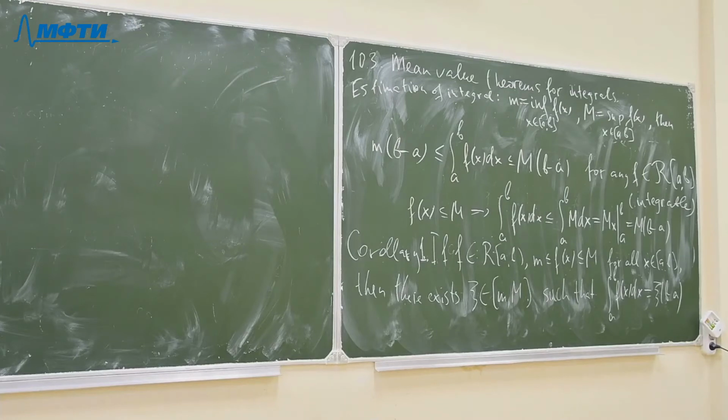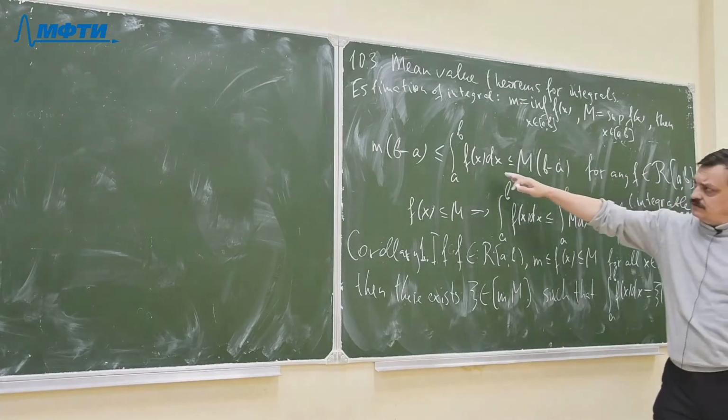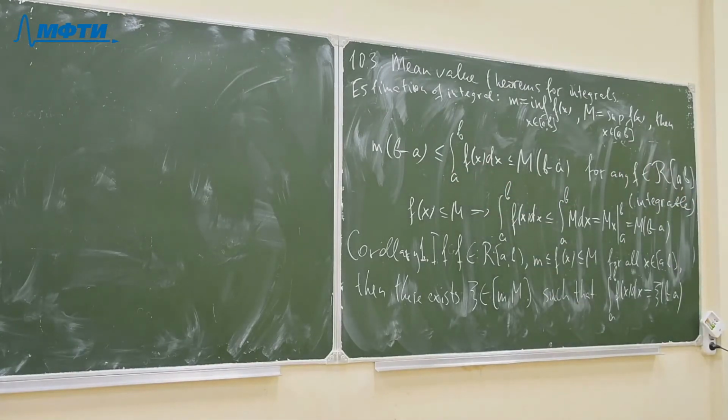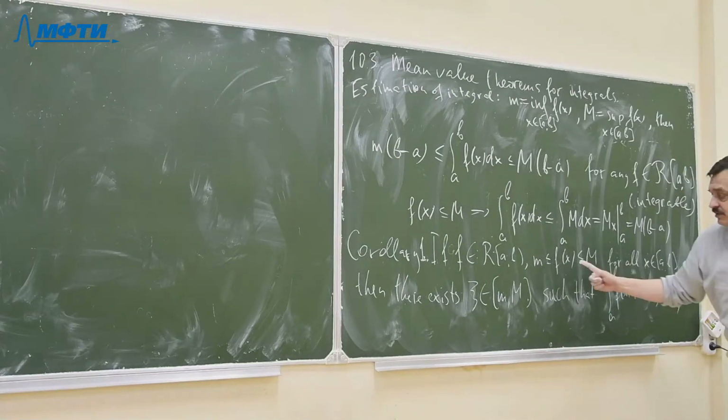And the proof is given, because you see the integral is somewhere in between those numbers, hence it is equal to something between little m and capital M times b minus a. So the proof was given before.